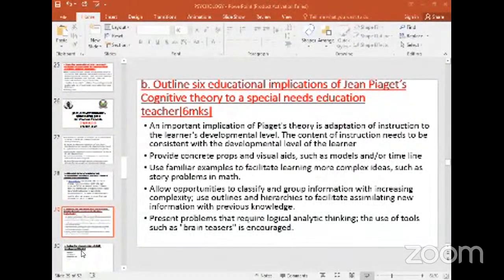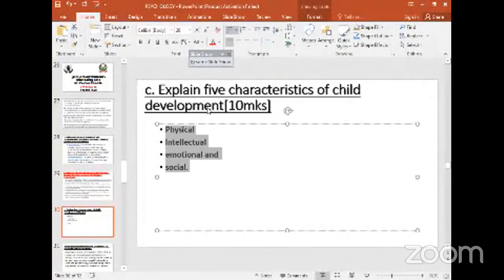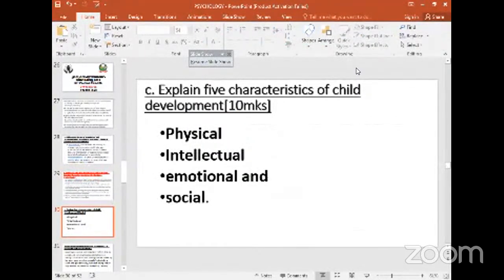Now, we also looked at the physical characteristics of child development. Remember, when we talk about the development of an individual, we have to talk about the physical aspect.